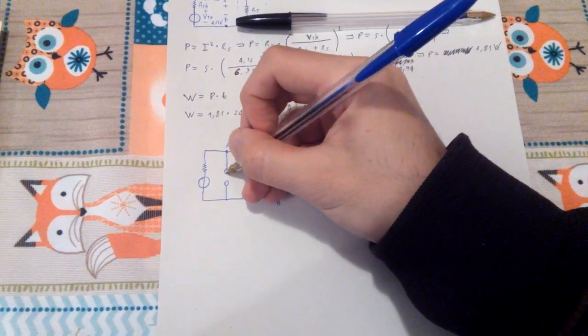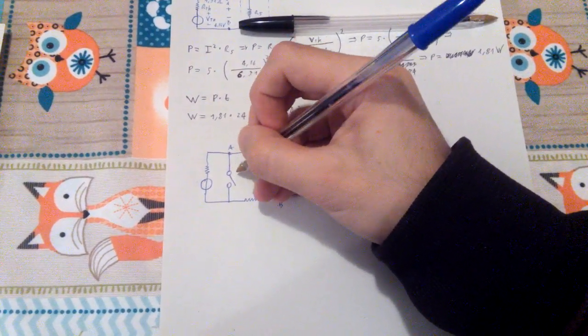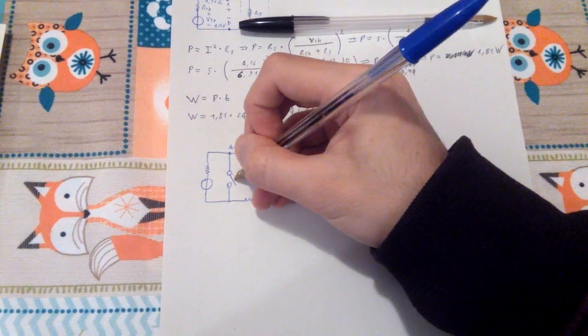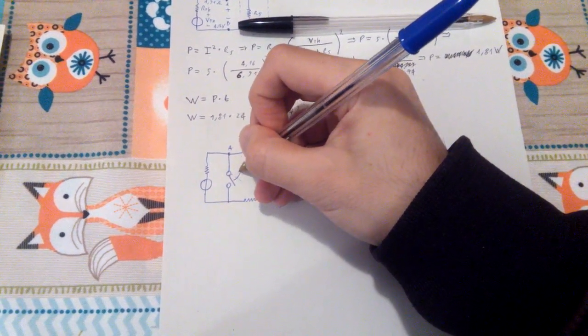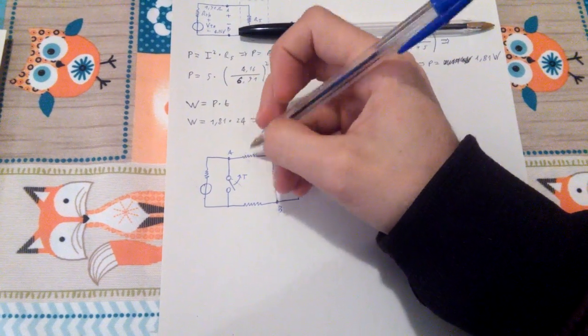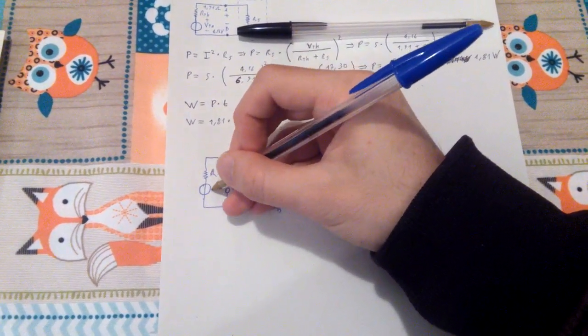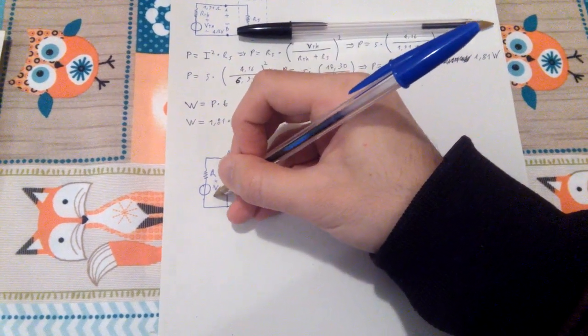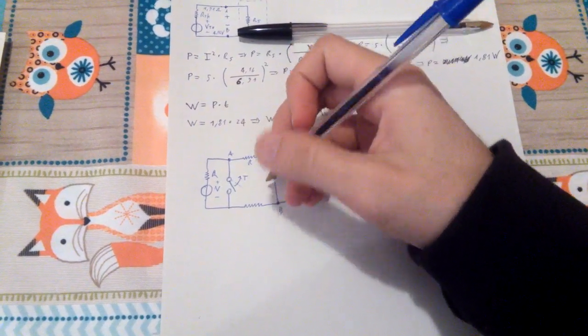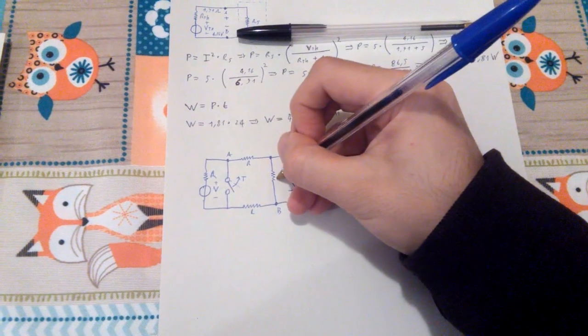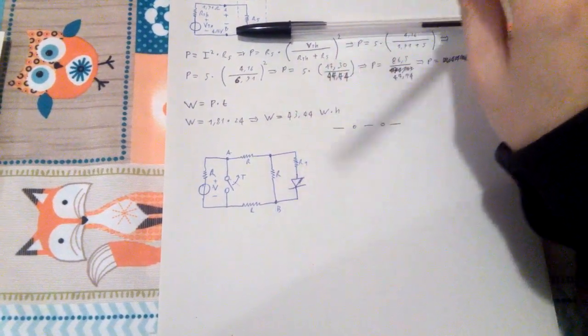And the switch is like this. I'm going to call this R, V, R, R, R, and R1.